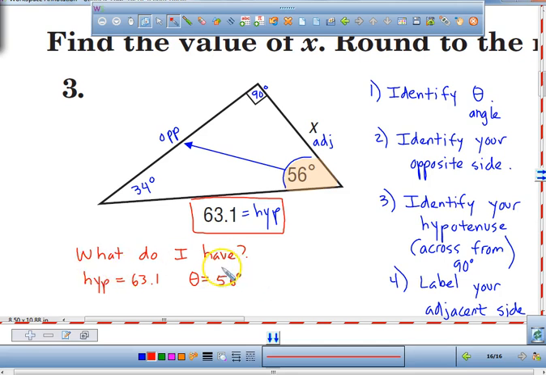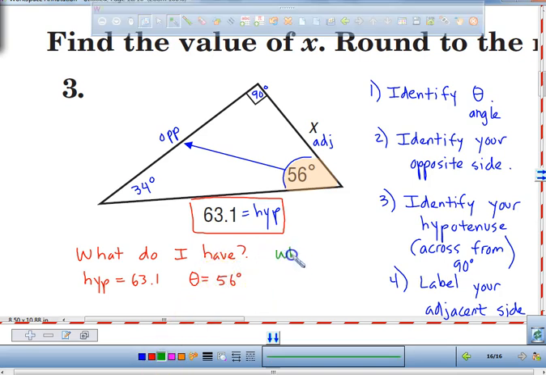So you identify, what do I have? And then you ask yourself one last question. What do I need to find? I need to find x. And what is x equal to? X is equal to my adjacent side.